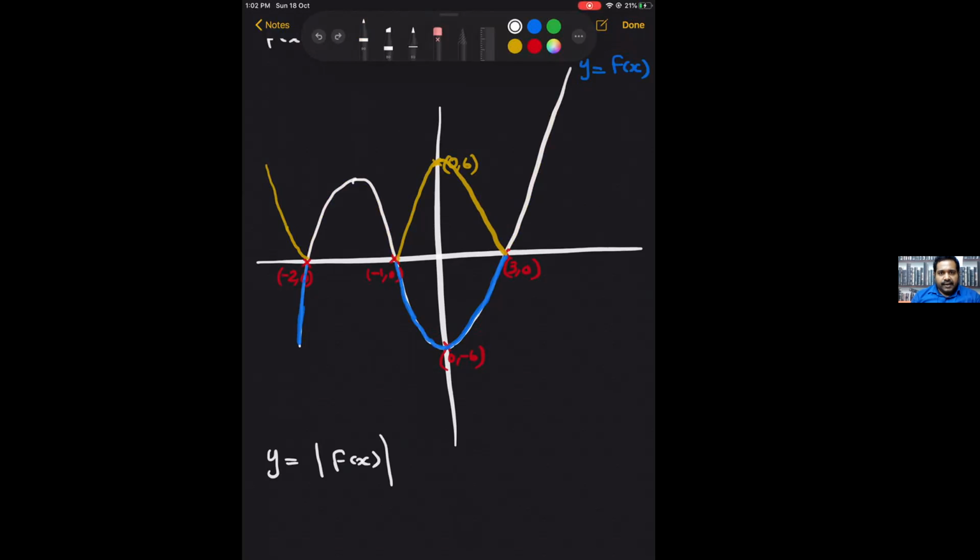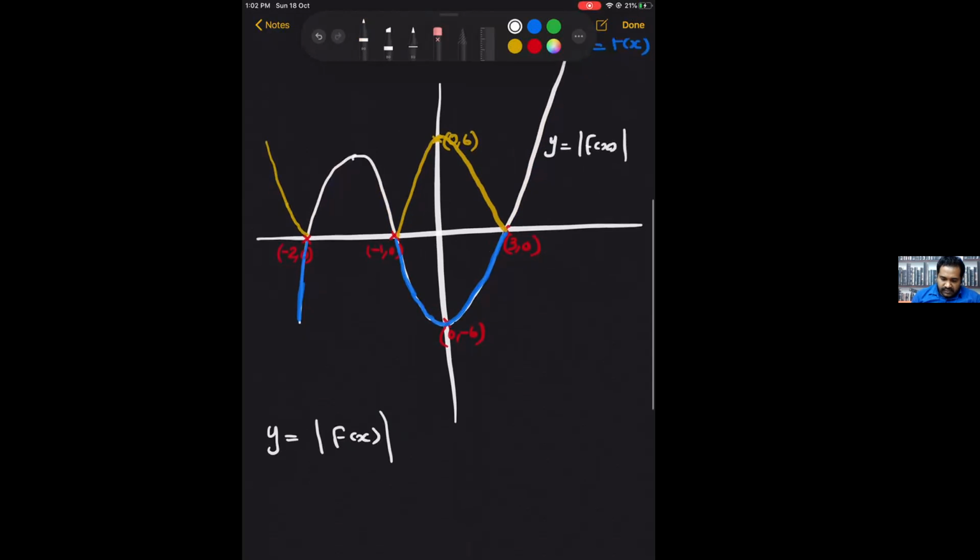The white function is already positive, so no harm; don't touch that white portion. The yellow region and white region together make up y is equal to modulus of f of x. Did you get my point? So that is about y is equal to modulus of f of x.